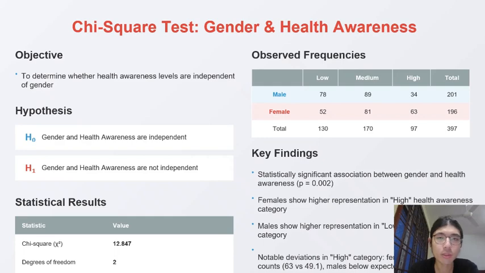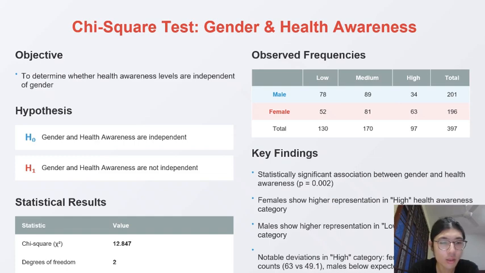So now we proceed to the chi-square test, gender and health awareness. The objective is to determine whether health awareness levels are independent of gender. The hypotheses are H0, gender and health awareness are independent, and H1, gender and health awareness are not independent.